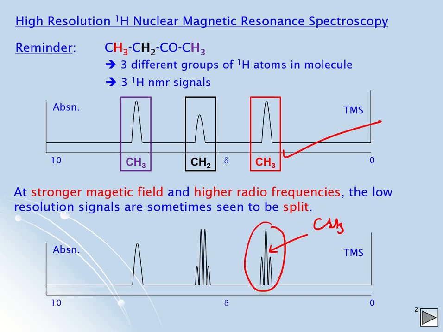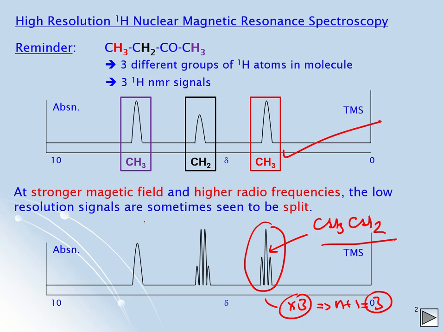This has now split to a triplet, so therefore using the n+1 rule, n+1 is 3, triplet, so therefore n, which is the number of hydrogens on the adjacent environment, must be 2. So therefore I now know I have a CH3 adjacent to a CH2.